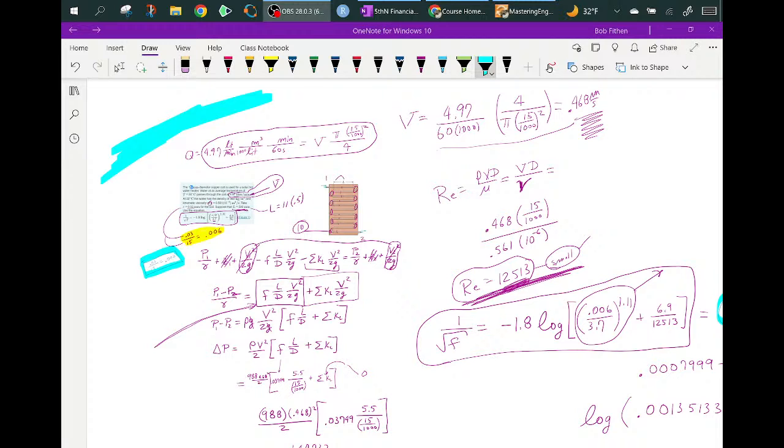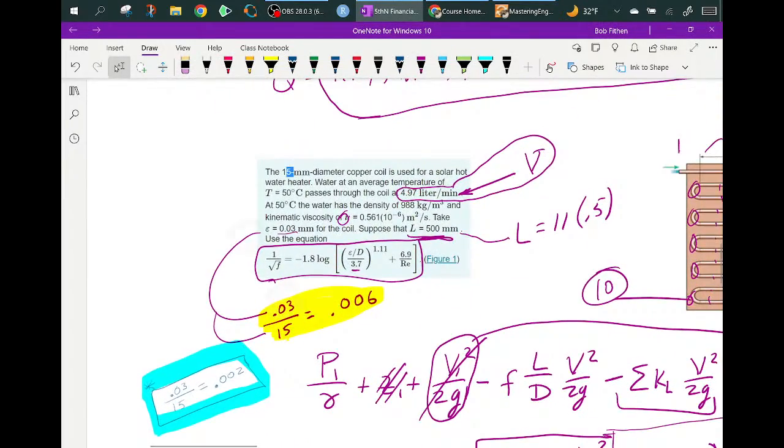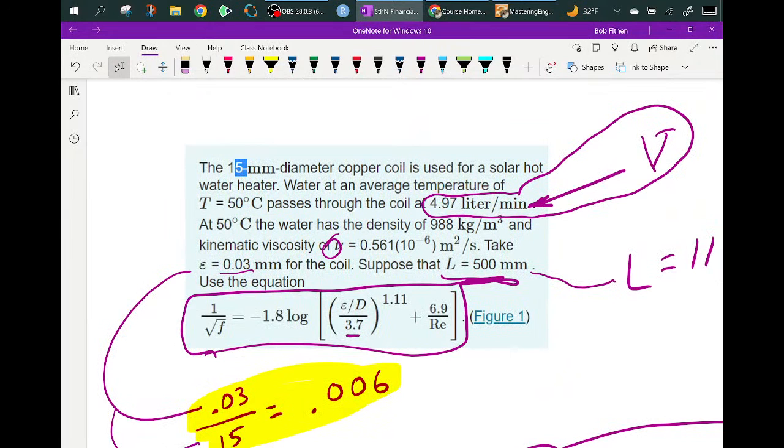Okay, so in class the other day, I made a mistake while solving this problem. Basically, I had a 15 millimeter diameter copper coil with a solar hot water heater. The average temperature was this, which did not actually matter. It went through that speed, which did matter.